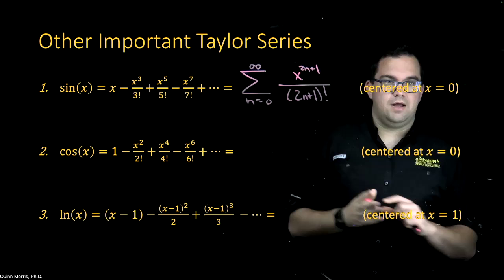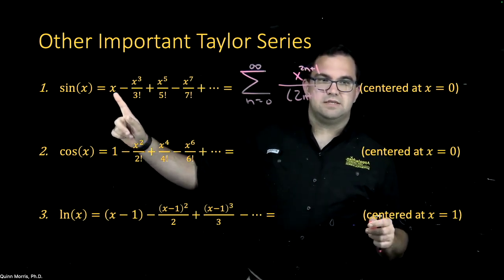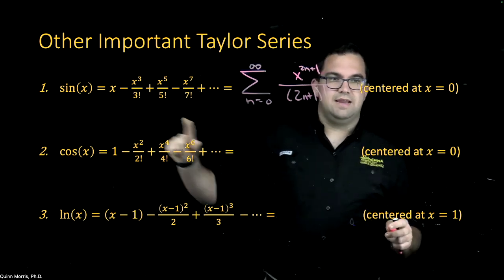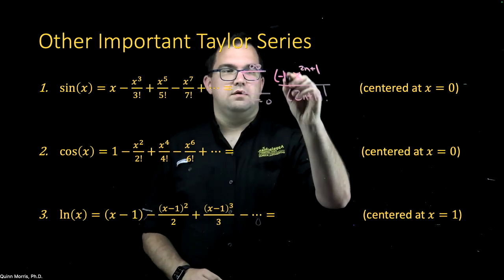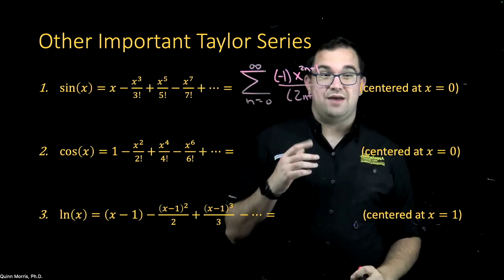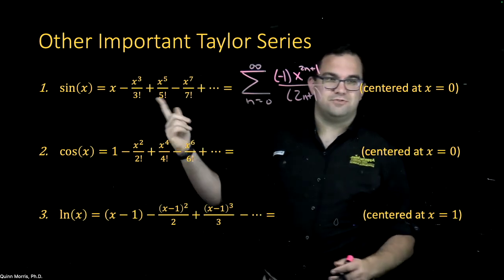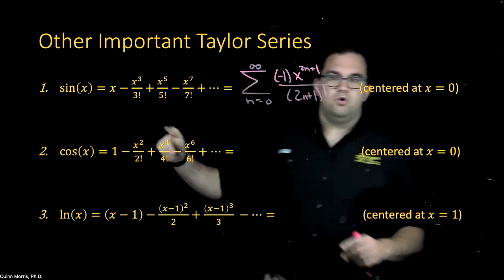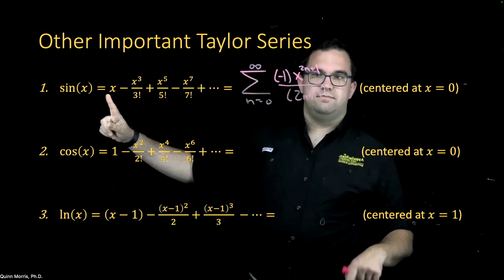So you might think, great, we're done. But be careful, because I've also got to deal with the signs. This one's positive, then negative, positive, then negative. Now, if I want something to alternate, I'm going to need negative 1 to some power. It's almost always going to be either n or n plus 1, depending on whether you're starting positive or negative. So when n is equal to 0, I want to get this term, and that's positive.